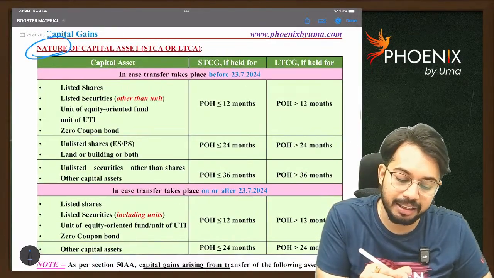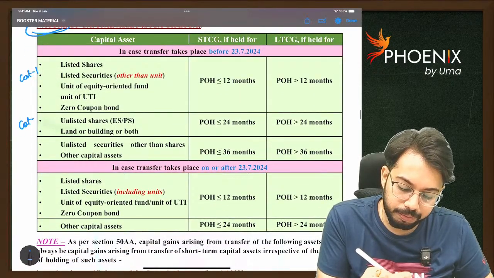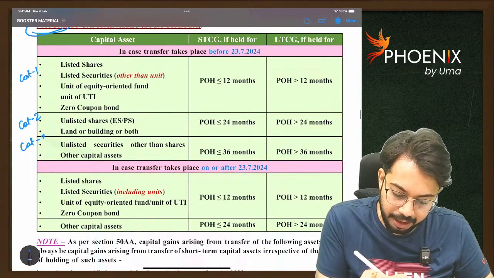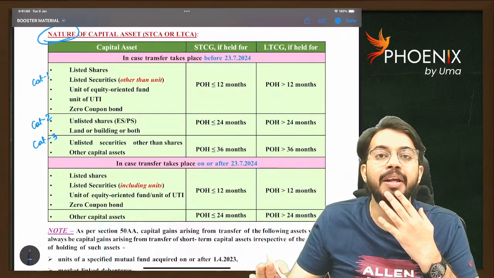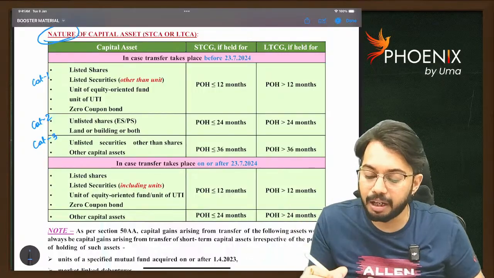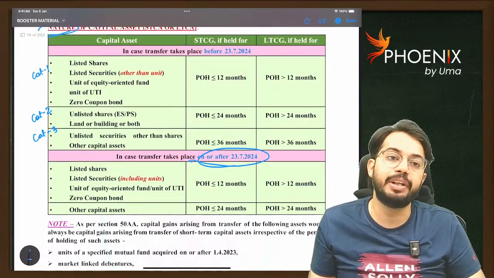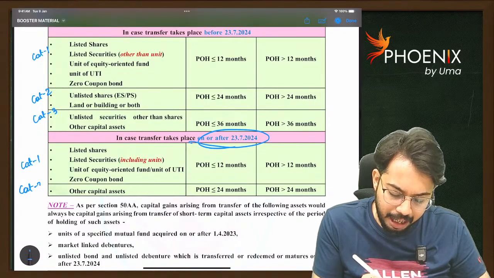Three criteria are there. Category 1, category 2, category 3. So based on these three criteria, we are going to determine whether it is long-term capital asset or short-term capital asset. But on or after 23rd July 2024, there are only two categories, category 1 and category 2.